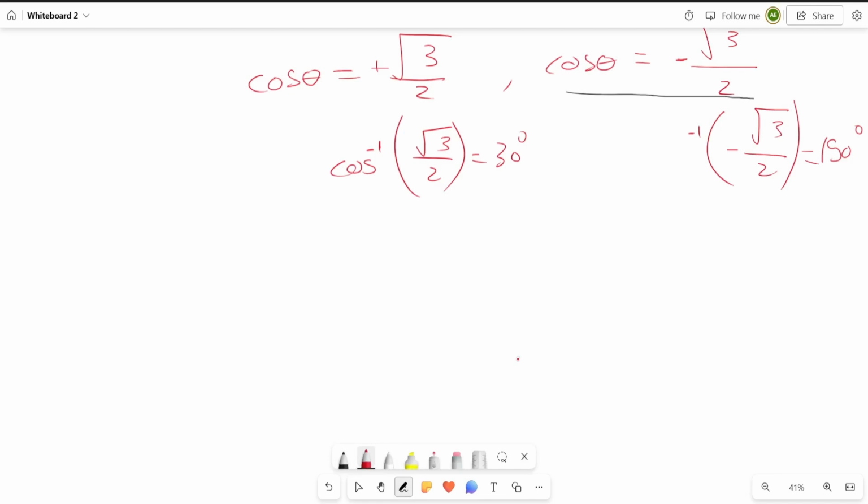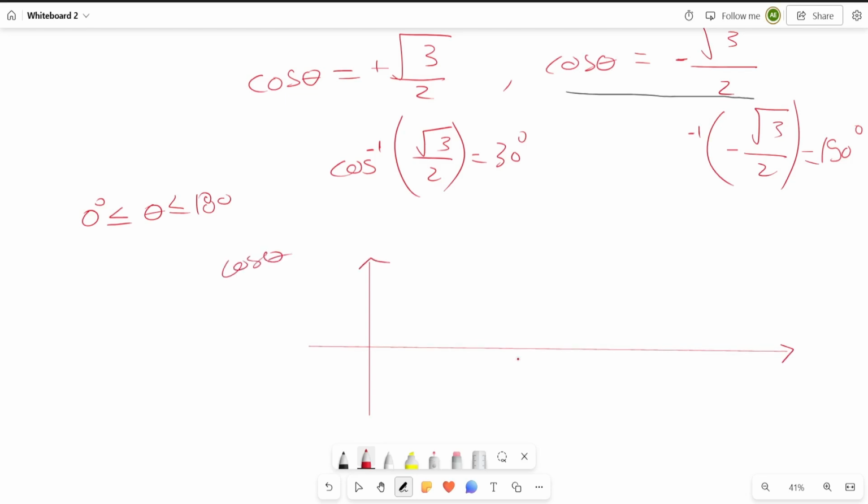My range was specified as from 0 degrees to 180 degrees. Now cosine, sine, tan, and all the trig functions are repeating functions. What do we mean? I will illustrate that by drawing a cosine graph.